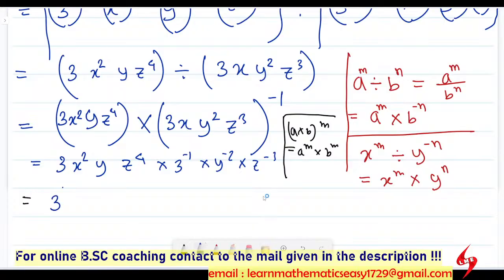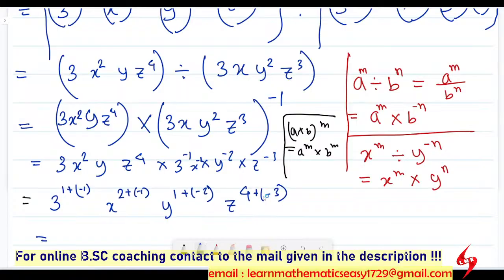So x to the power 2 plus -1, y to the power 1 plus -2, z to the power 4 plus -3.